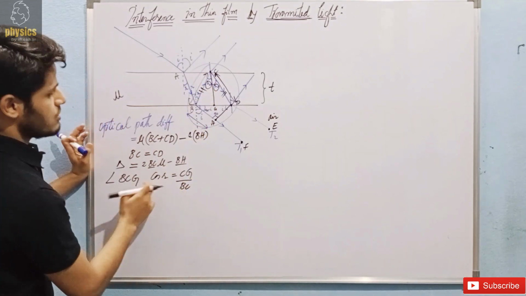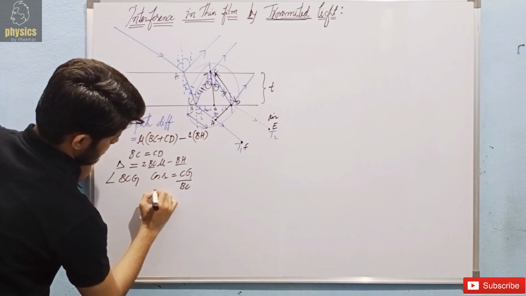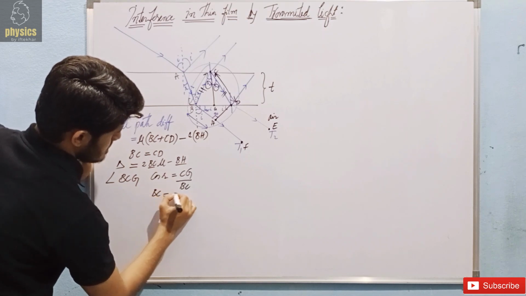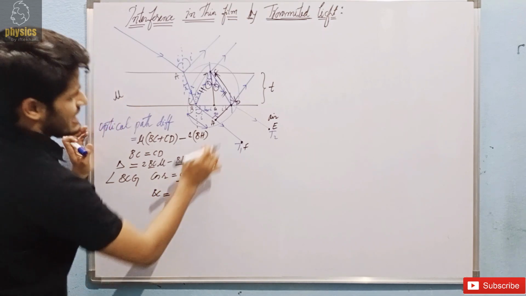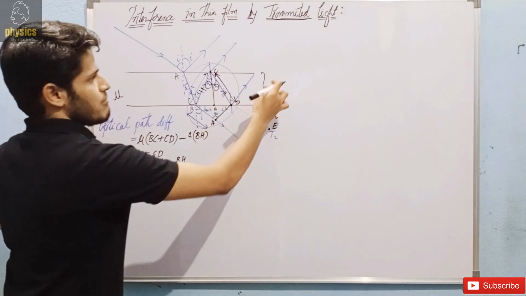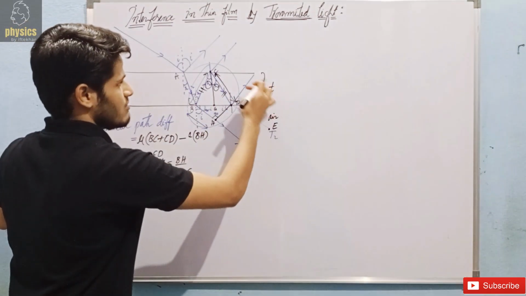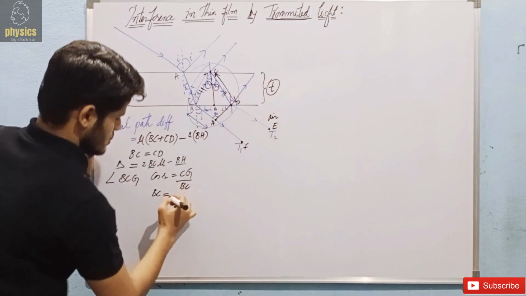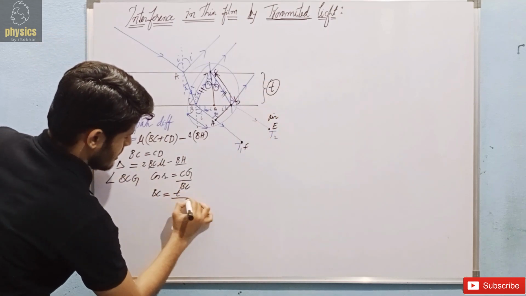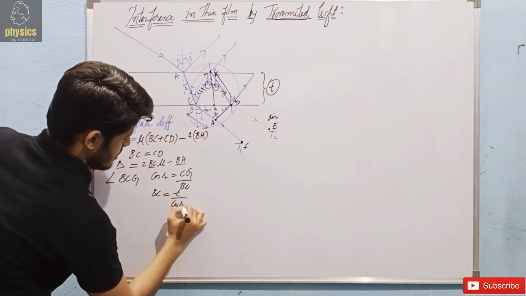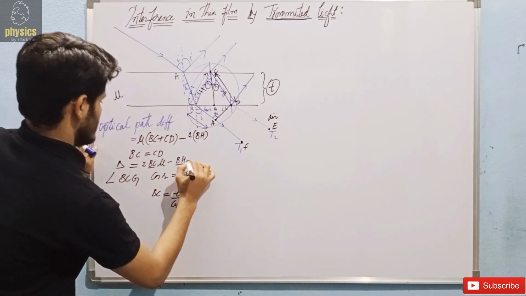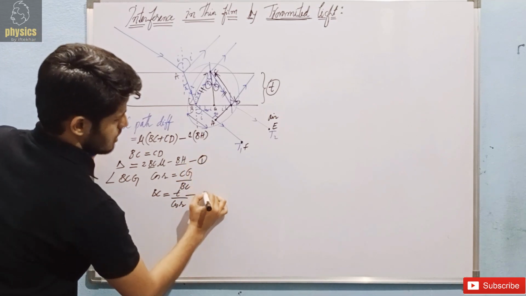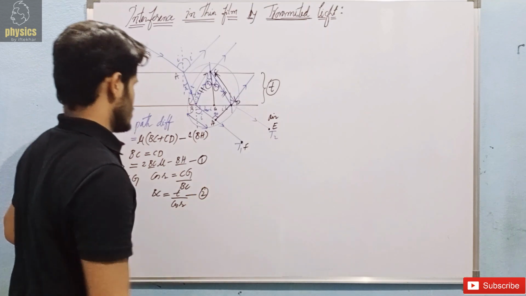So I have to find out BC. Taking it to one side, BC is equal to CG by cos R. CG is the same as the thickness of the thin film, so instead of CG, I can write T. So it is T by cos R. Let this be equation 1 and this be equation 2.